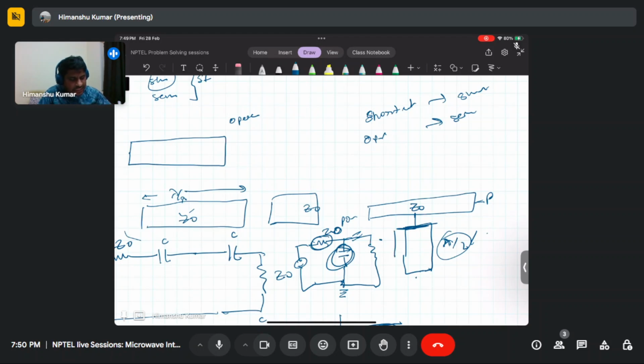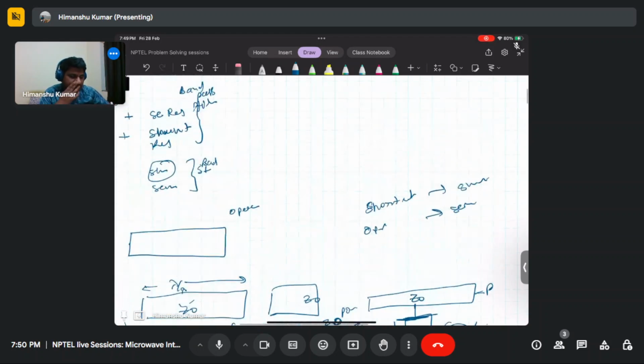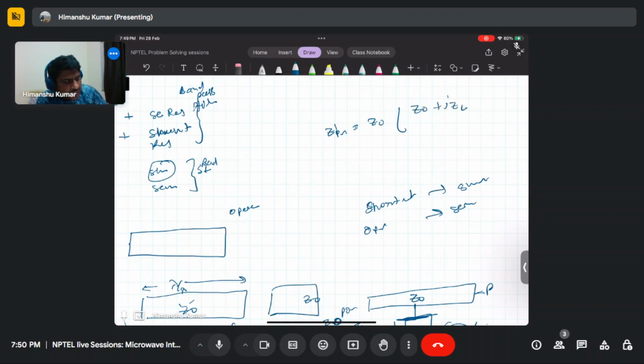See, the Z in of any line is Z naught times (ZL plus j times Z naught tan beta L) over (Z naught plus j times ZL tan beta L).